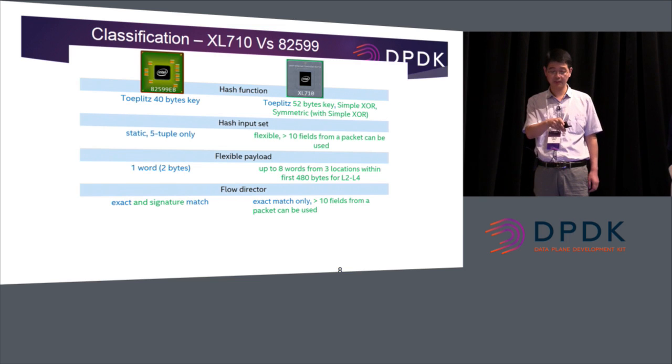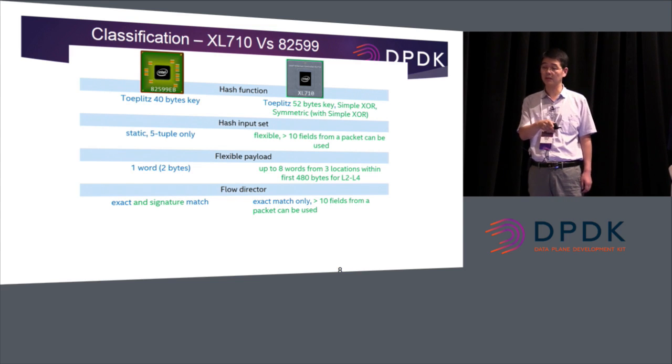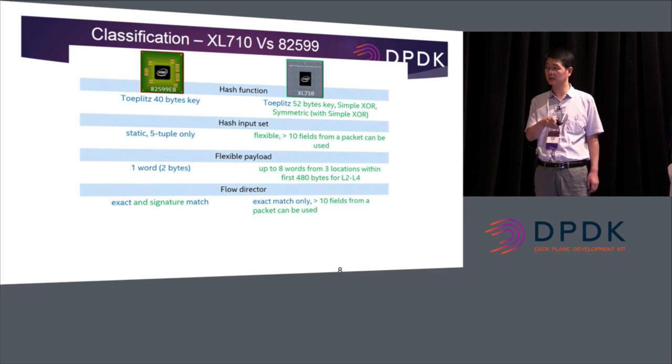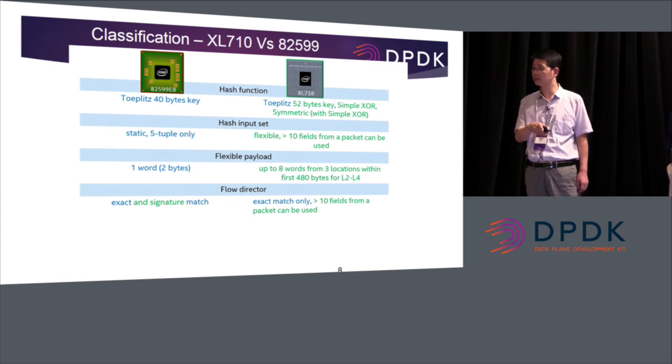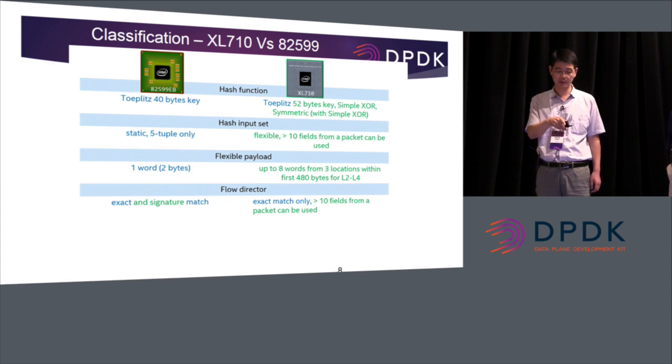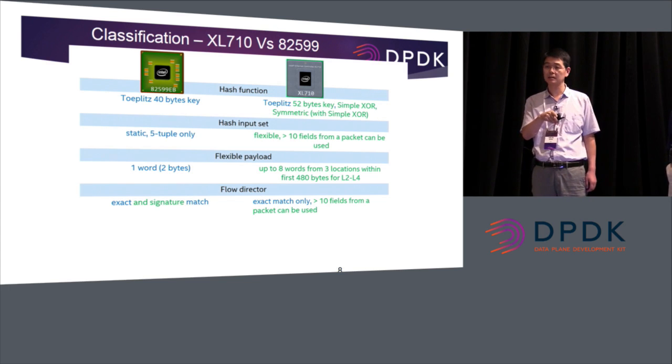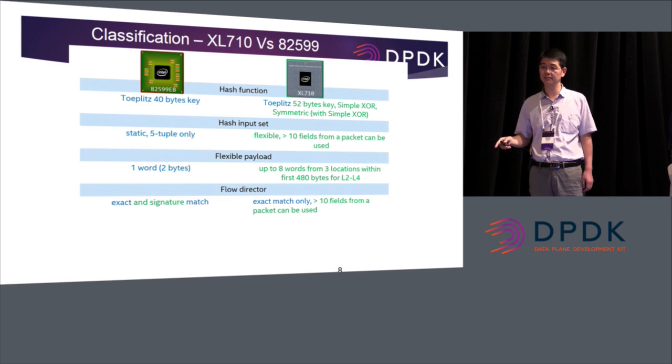And for the hash input set, this is quite important, but I'm not sure if everybody knows that, as it has just been enabled recently. Why is it important? Because of the field we can select for hash calculation.